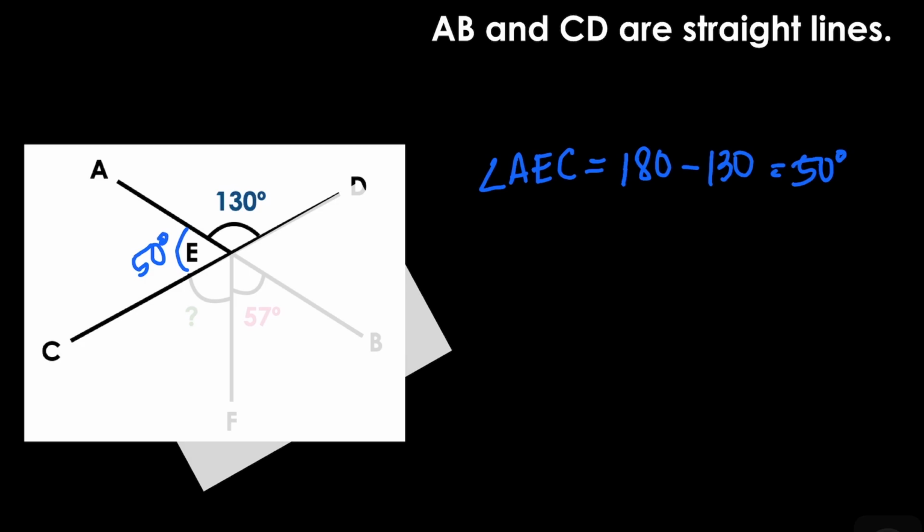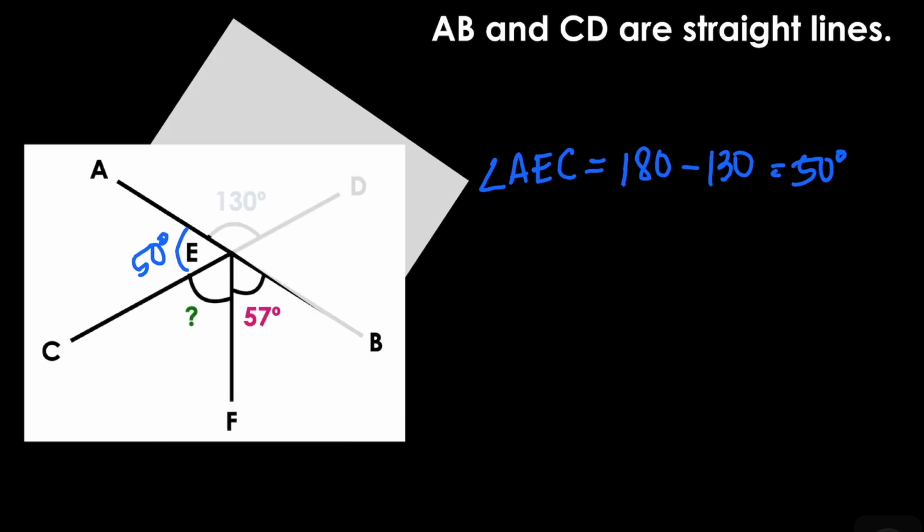So let's now try to cover the other side and focus on line AB. Looking at line AB, I know that we have two angles here and then a missing angle, but the sum is still 180 degrees. So let's figure out now what CEF is.